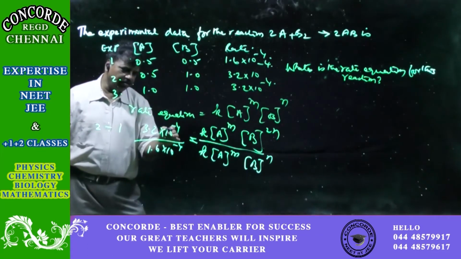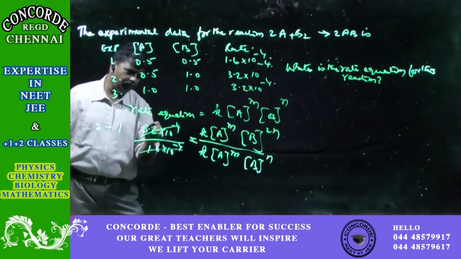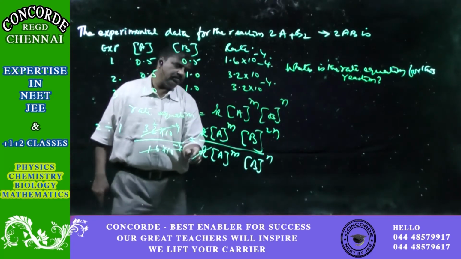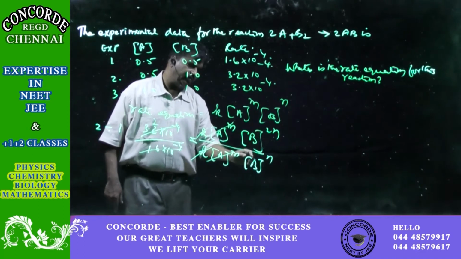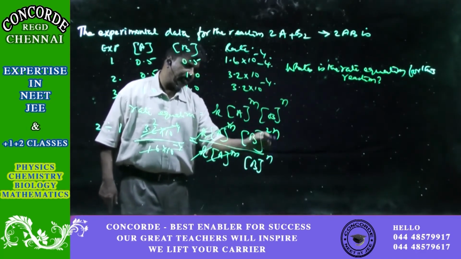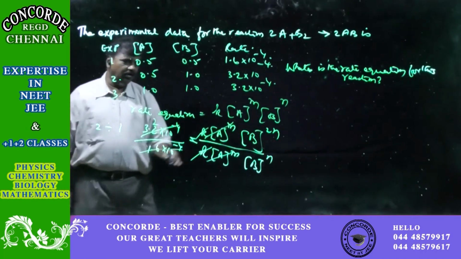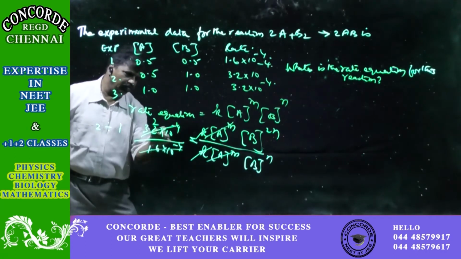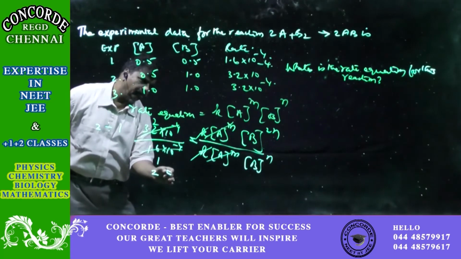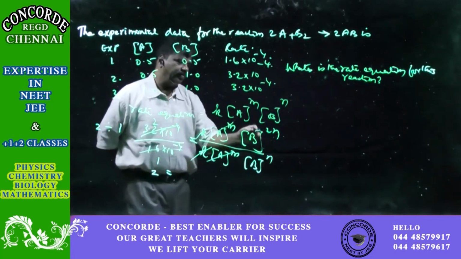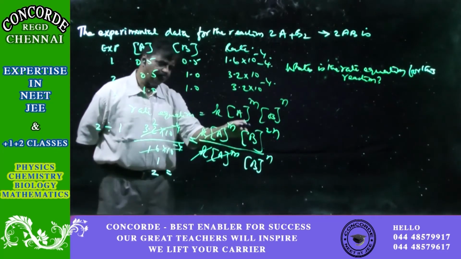So on dividing this, this becomes 2, and this is cancelled, this is cancelled, and this becomes 2 times the n. So n and n are getting cancelled.